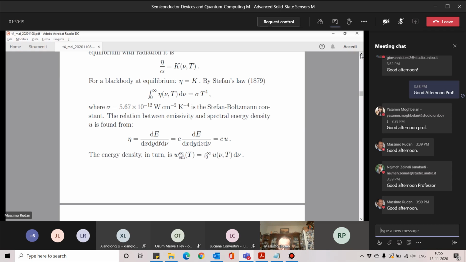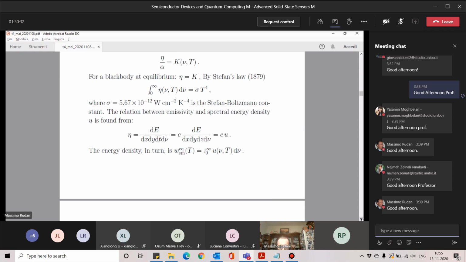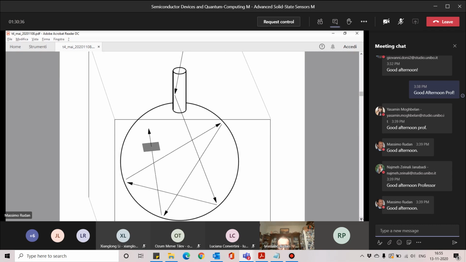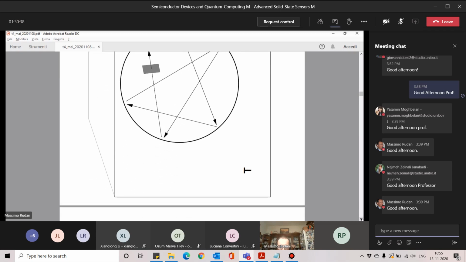That means that for the calculation, we can take any form, and of course we select a form that is convenient, like a prismatic form. So instead of a round cavity, we take a cavity of the prismatic form.